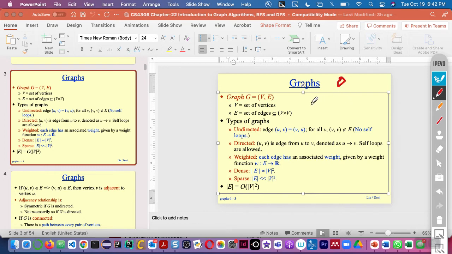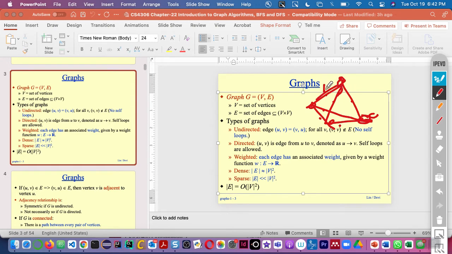a graph like this, where these are connected, these are connected, these are connected to each other. Here there are 1, 2, 3, 4, 5, 6 connections, right?